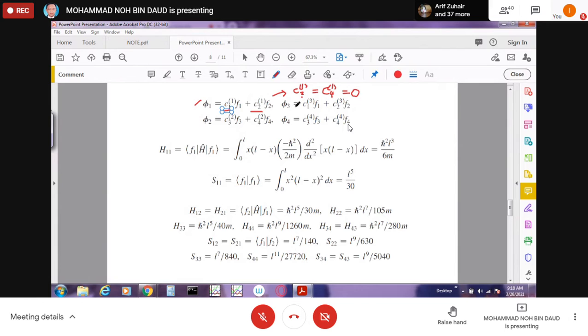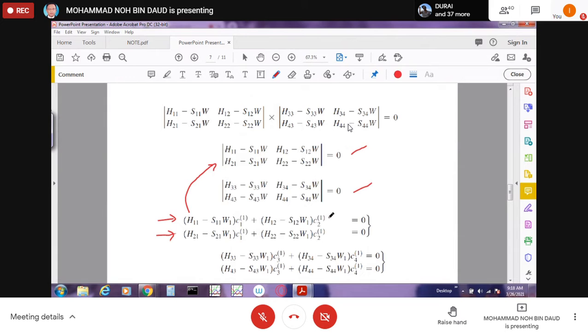And this as well, here C1 and C2 are 0. This is from the solutions. Whereas here C3.